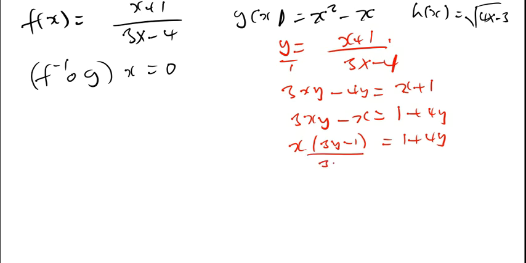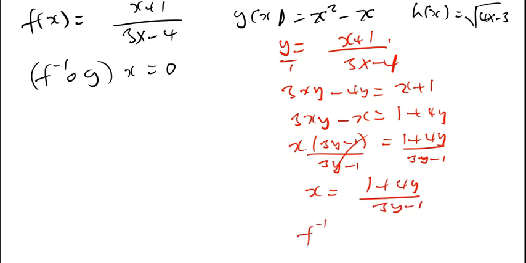Divide everywhere by 3y minus 1. x will be equal to, these will cancel, 1 plus 4y divided by 3y minus 1. Therefore, f inverse of x is equal to 1 plus 4x, where there is y put x, divided by 3x minus 1. That's the inverse. Another method that you can use.